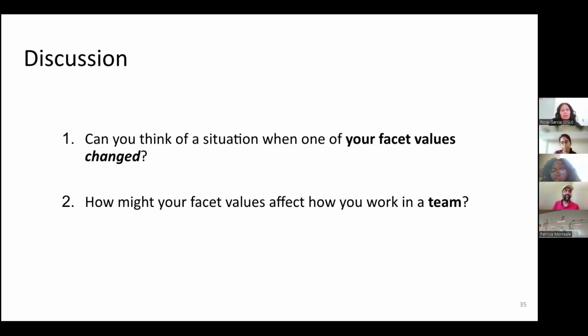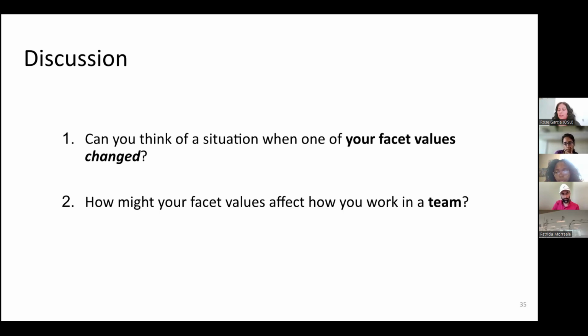So it could be small changes based on the scenario or what you're doing. Or like Yulia said earlier when she was sharing her assignment, I believe she said that her gender-related facet values actually changed over time, depending on where she was in her life. So there could be bigger changes over time or smaller changes just based on the task or scenario.